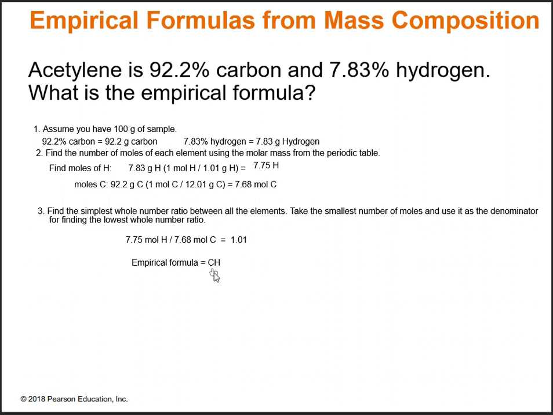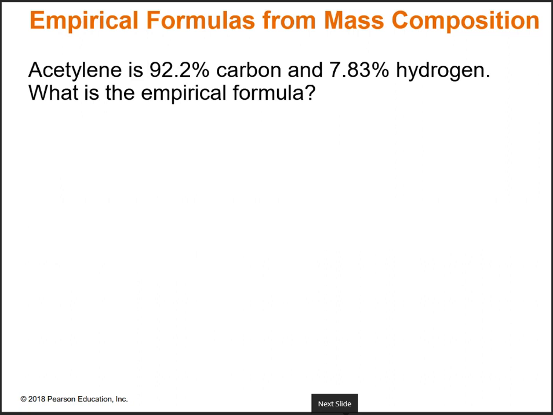A lot of work just to write an answer for 2 letters, but yeah. All right. So we're going to build on this. If you don't understand empirical formulas, then you're not going to understand the next step, which is molecular formulas. So that's why I want to let it simmer a little bit. But if we're good, we're going to keep it pushing.